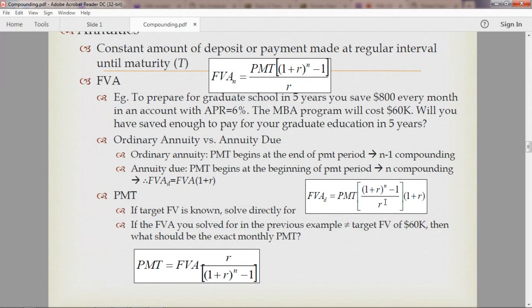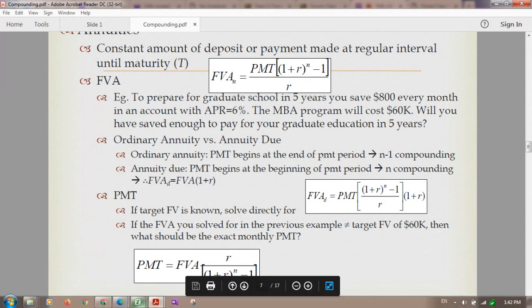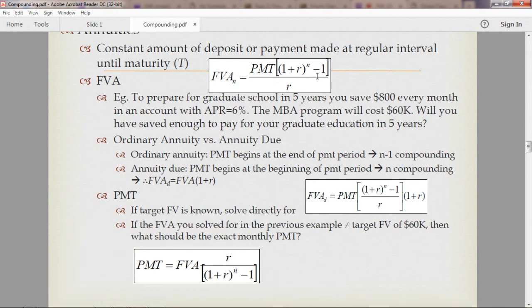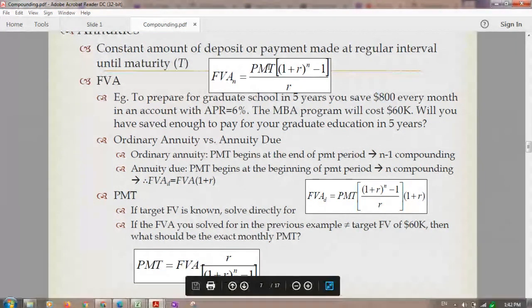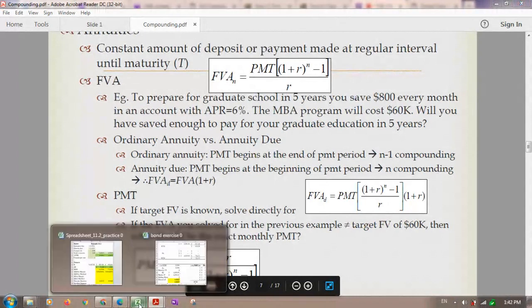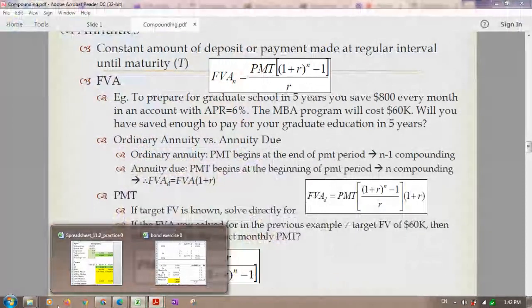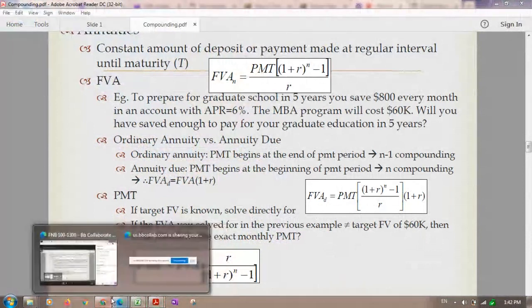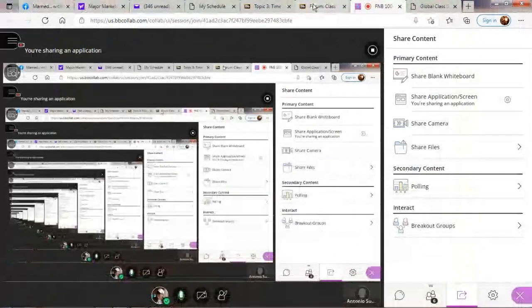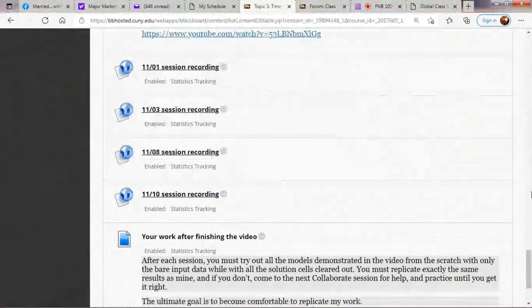So let's see how it's going to work. We're going to use this example, and I want you to download the files. Oh, I forgot to mention.